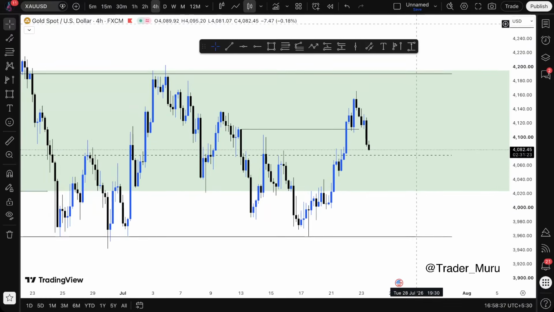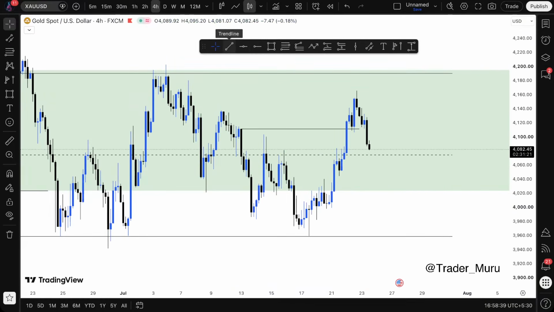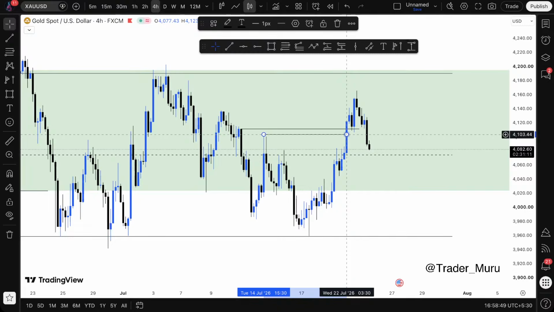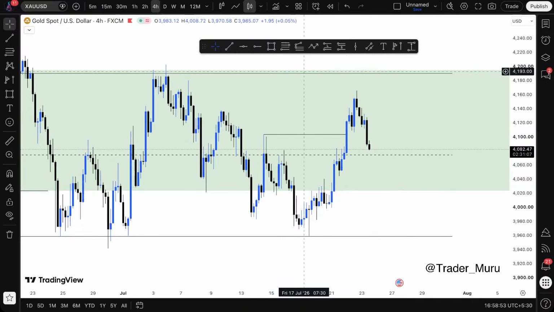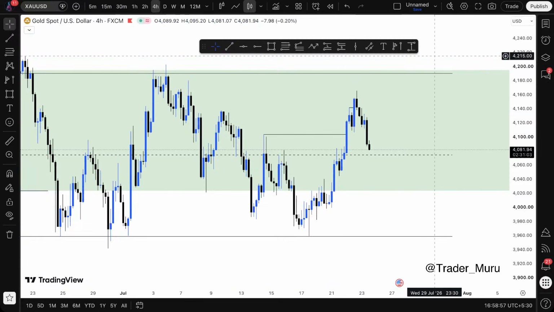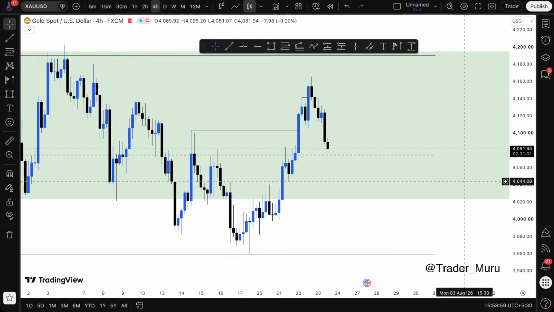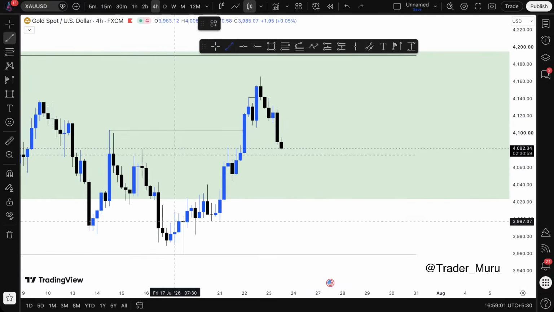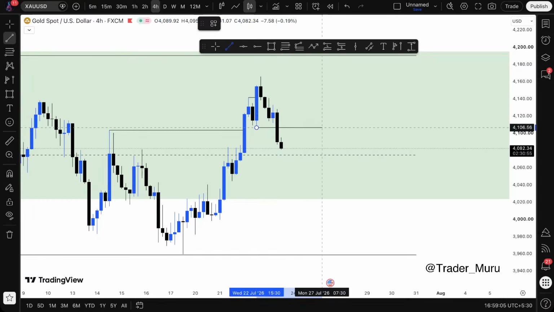If we talk about structure, previously it was running in a bearish structure. Then we have a change of character, and then we have a new breakout structure. Okay, so price is bullish in the 4 hour time frame until price closes 2 candles below this low.